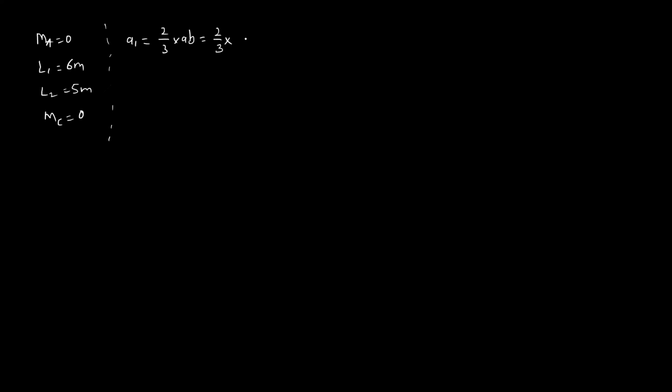So 2 by 3 times of 6 into 135. Similarly A2 is also UDL, so 2 by 3 times of AB. So 2 by 3 times of 5 into 78.125. So this first calculation will give us the value of 540. This will give us 260.42.